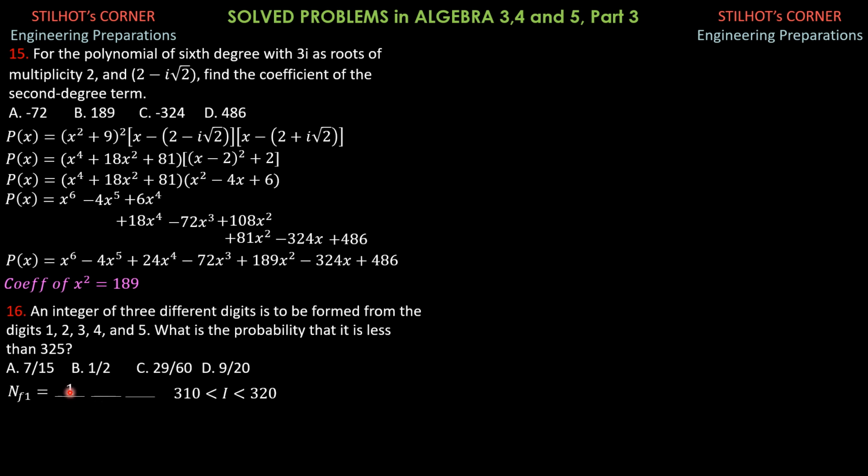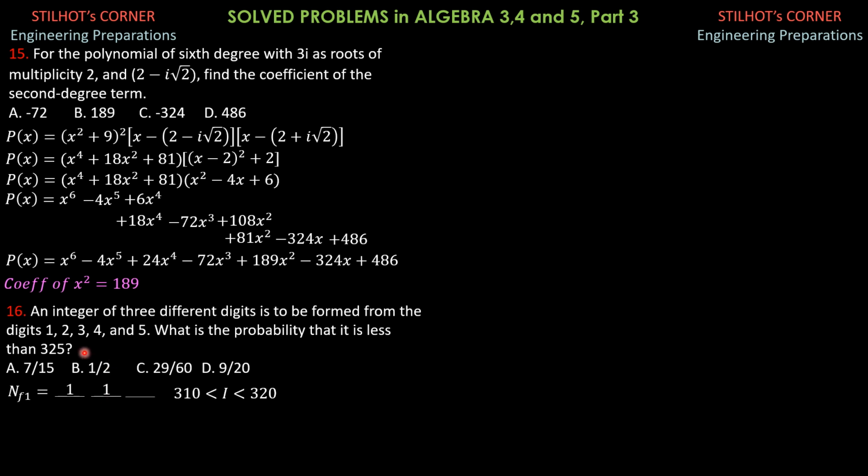Then after we place a number there, the next should be 1. 310 to 319. So 1. That one left. So there's only one way to assign a digit here.